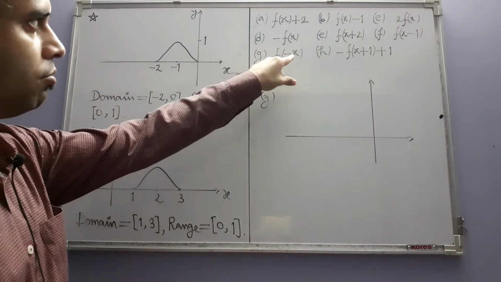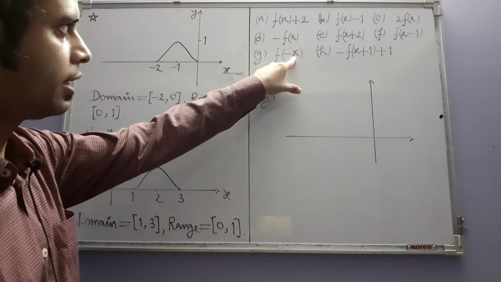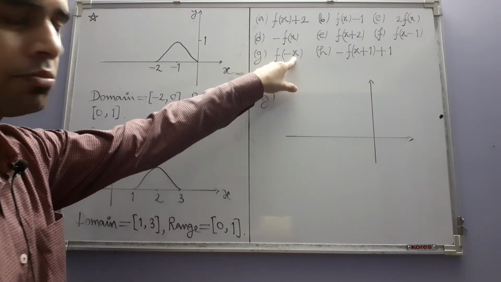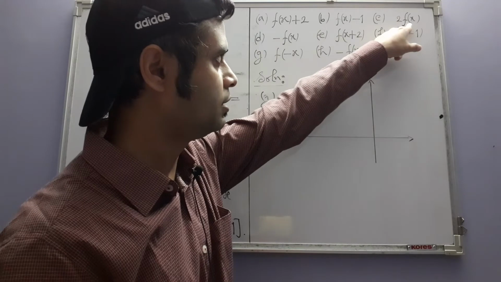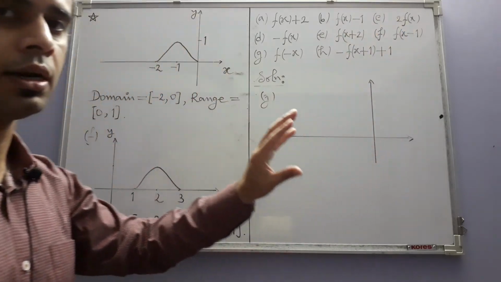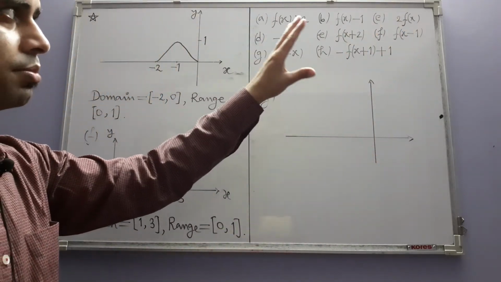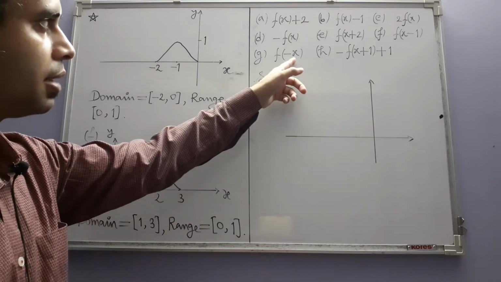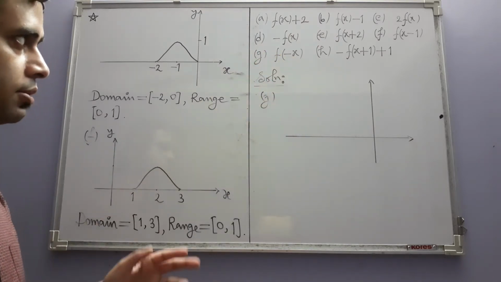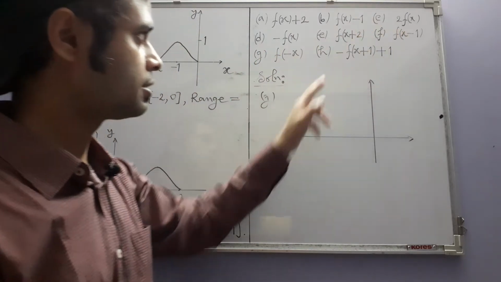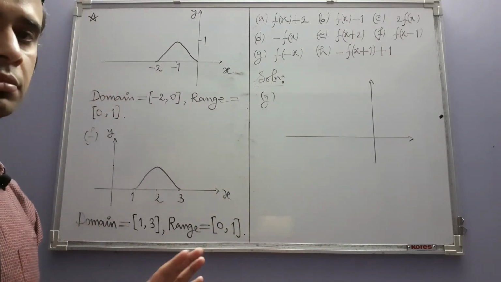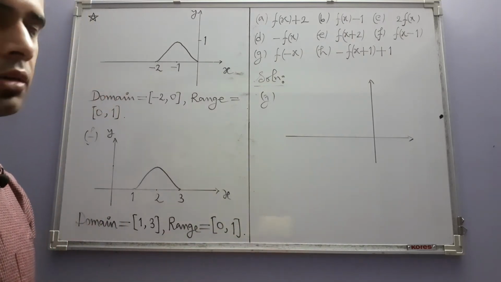Note that whatever we are doing to x here is somewhat similar to what we did to f of x here. We are multiplying f of x by 2. Here we are multiplying x by -1. So these two cases are not exactly translation of the graph.